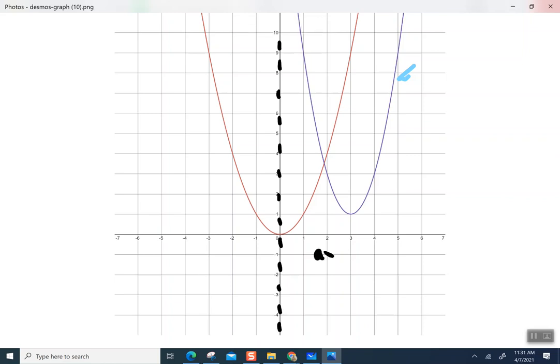So my axis of symmetry would actually happen at x equals 0. Because notice what I cut through. I cut through the actual x-axis, not the y-axis. Cut through the x-axis.